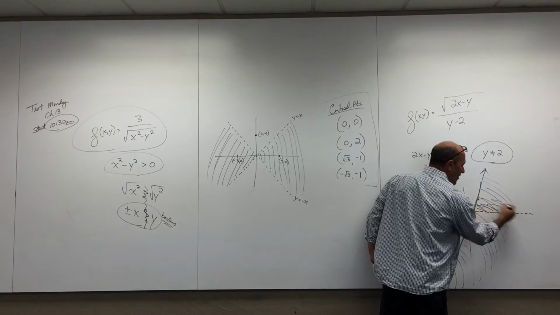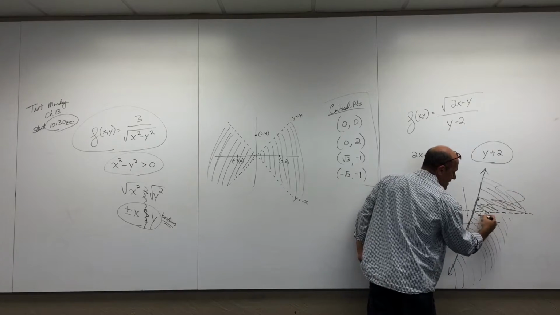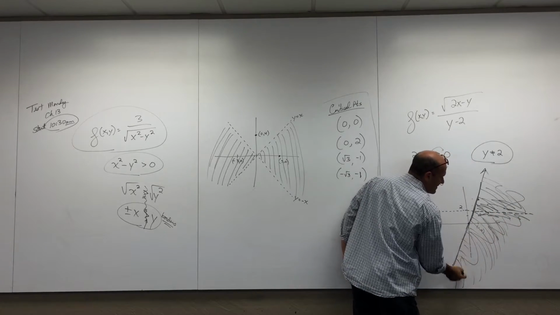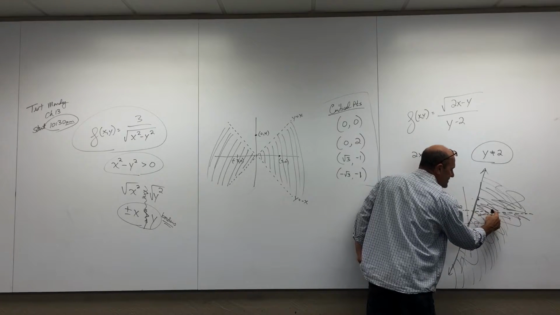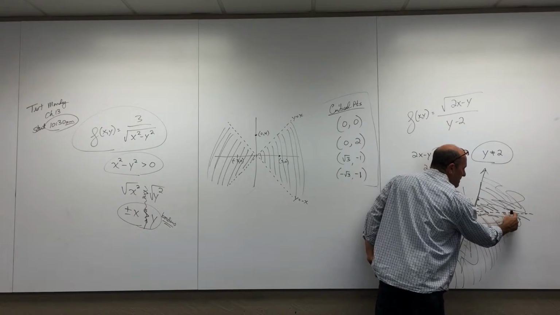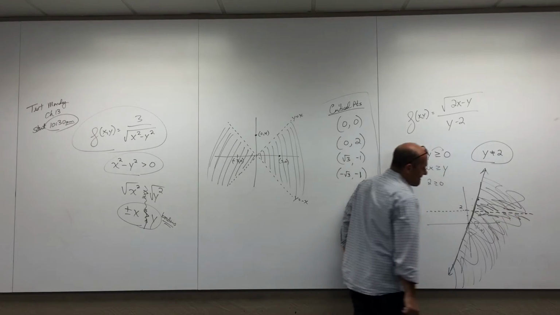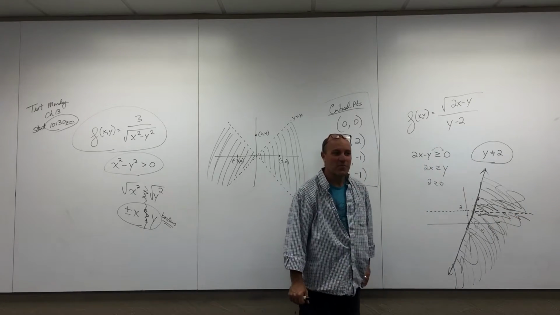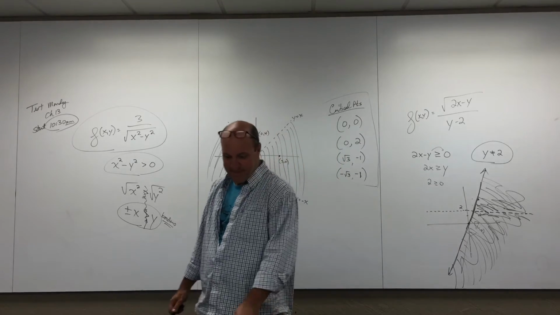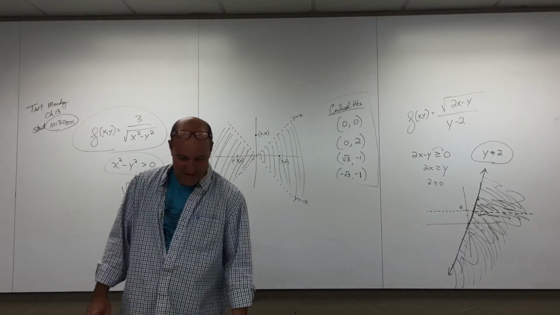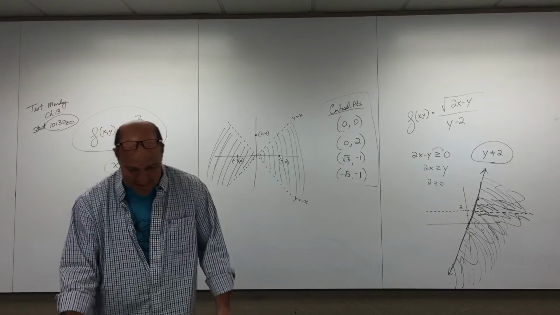So it's shaded all the way up to that line, shaded all below that line, but I'm trying to exclude this line. Cool. That's the answer. That's good stuff.